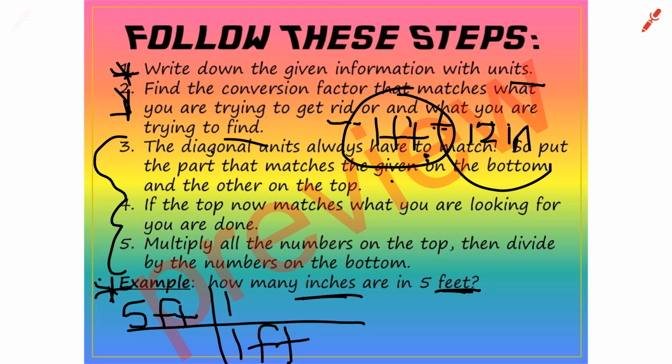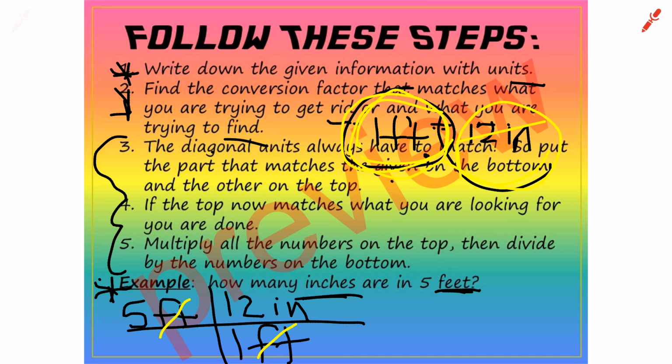Then the other part has to go on top. Okay, so I'm just going to show you that. So I have the 1 foot here that matches this, those cancel out. And then the 12 inches is the other part, and that goes on top.